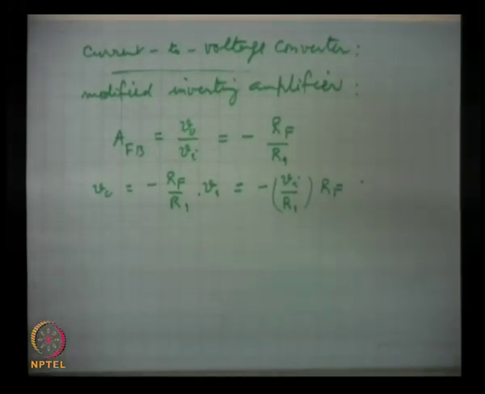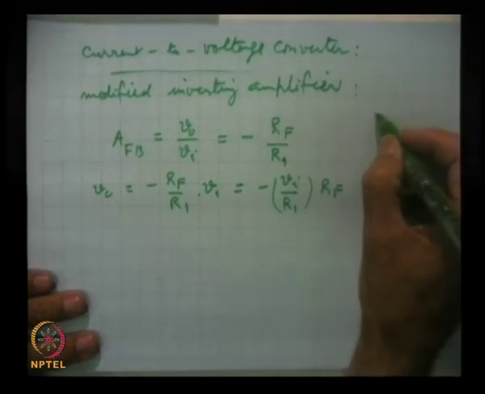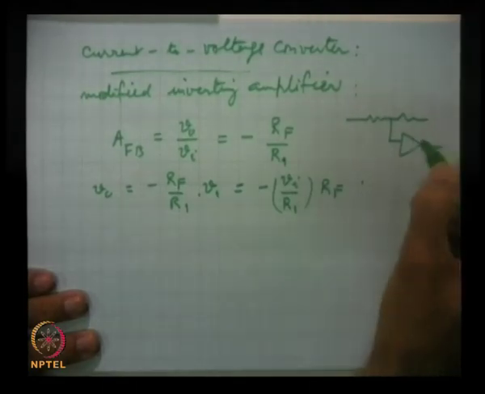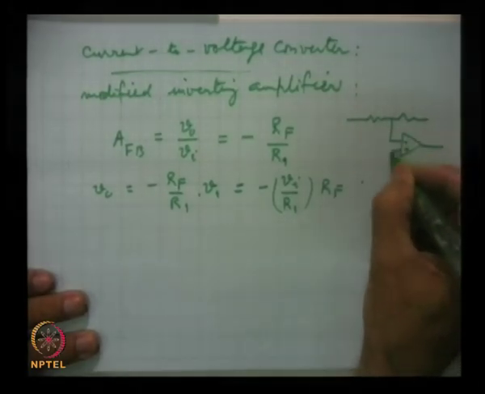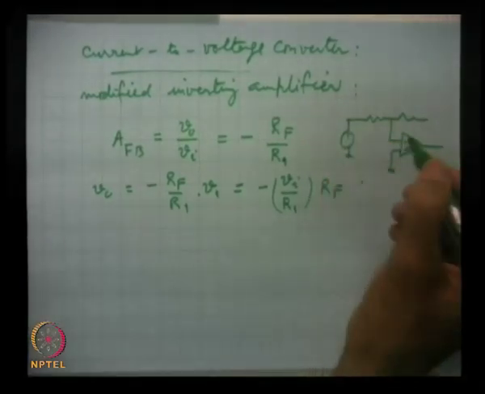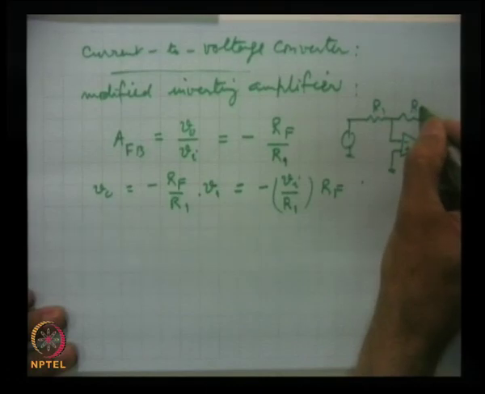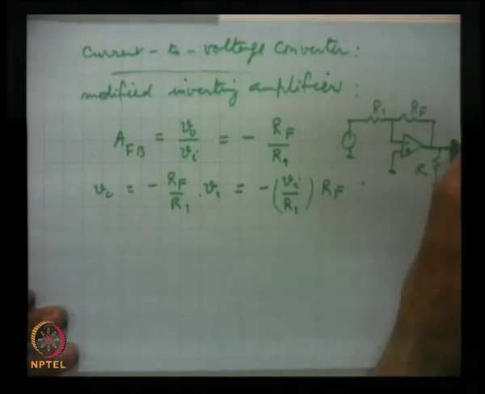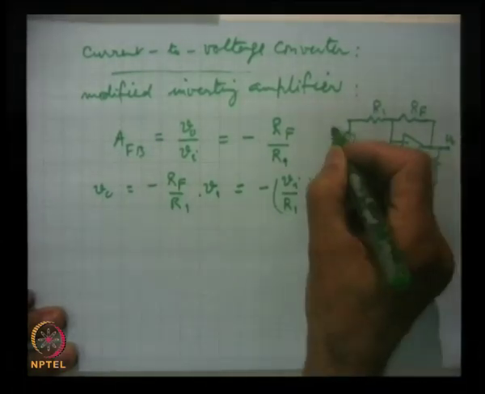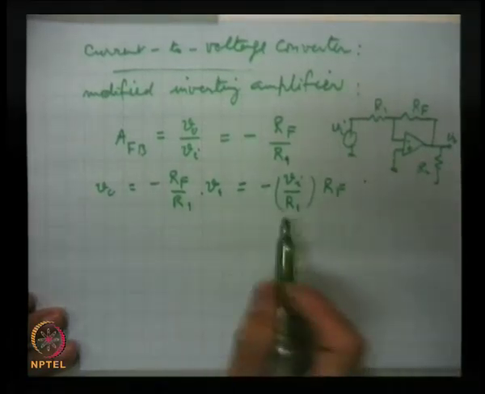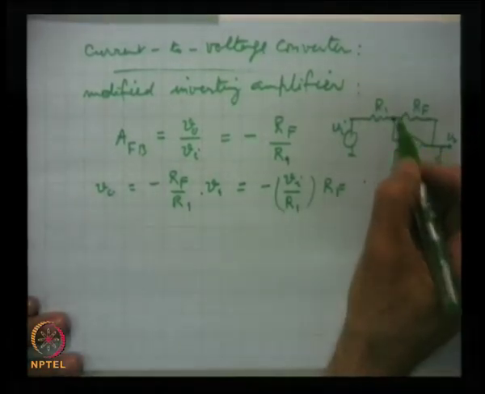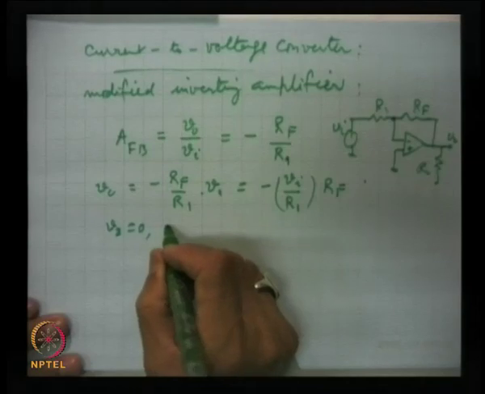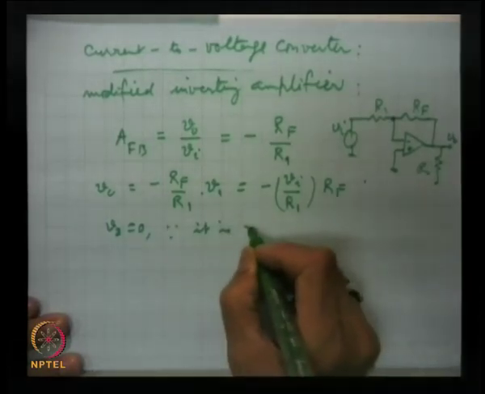Now, V2 is 0 here. This was the total amplifier, and now what we are saying, this is the virtual ground V2. V2 was 0 because it is virtual ground.